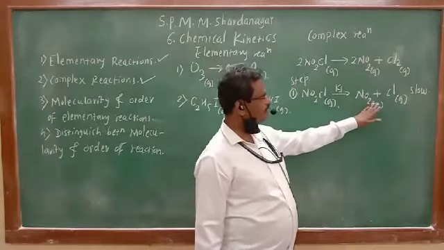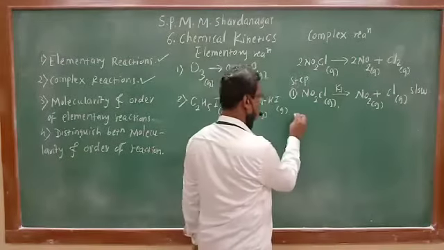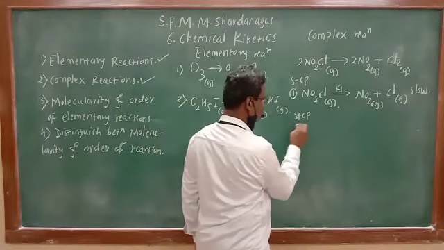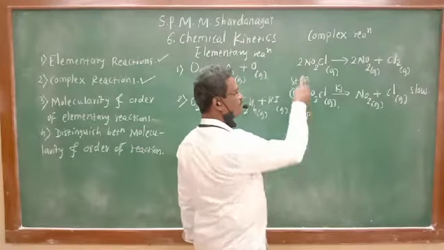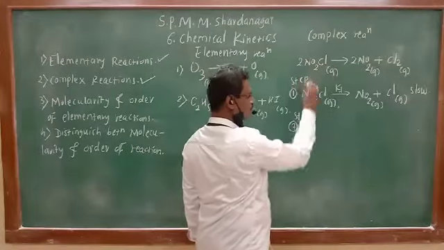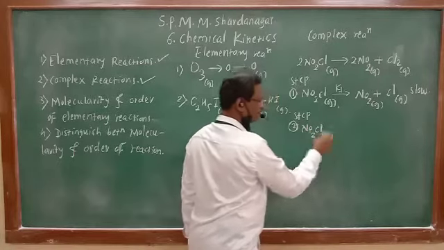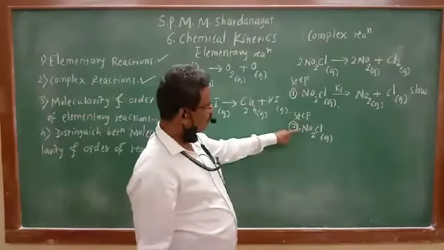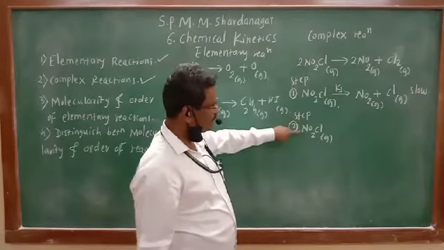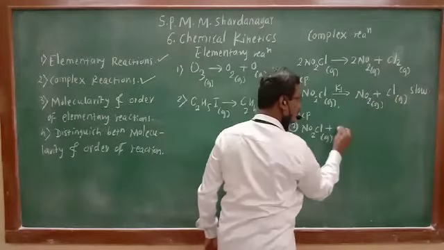And once this reaction takes place, now in the second step, out of these 2 molecules, 1 molecule is taken, NO2Cl gas. So in the second step, what happens? The remaining one molecule of NO2Cl reacts with this chlorine.